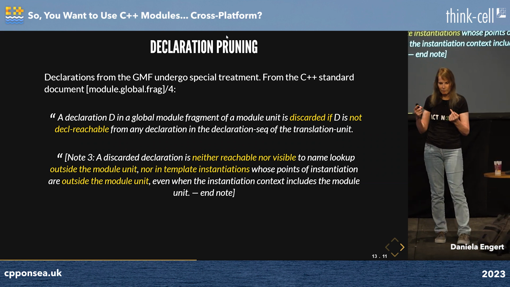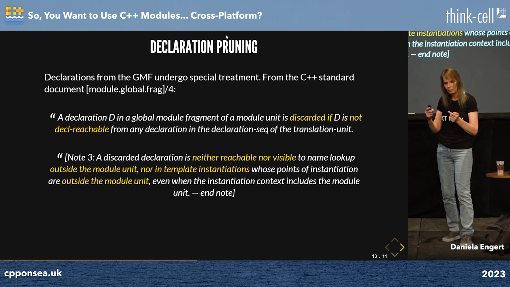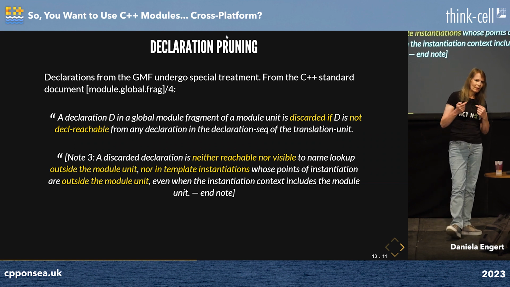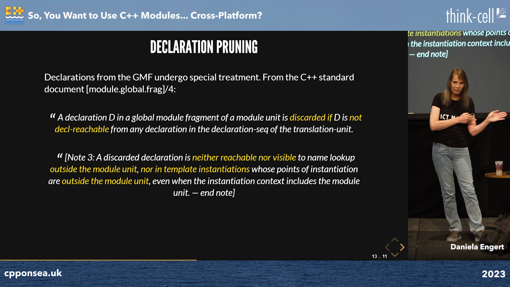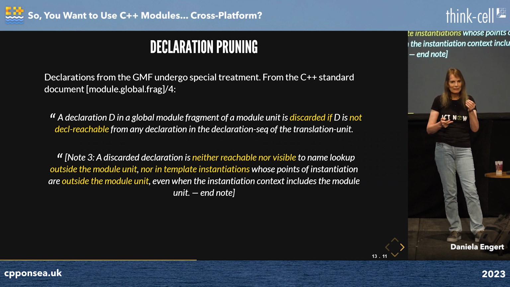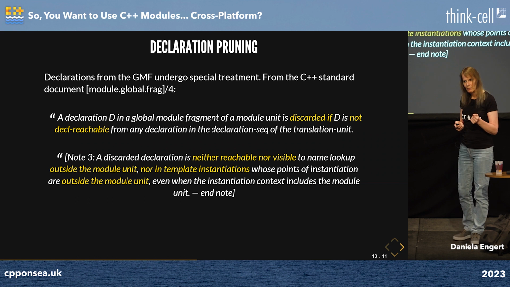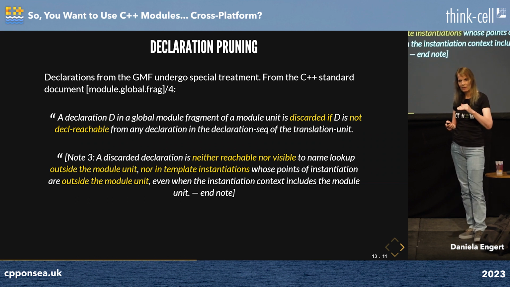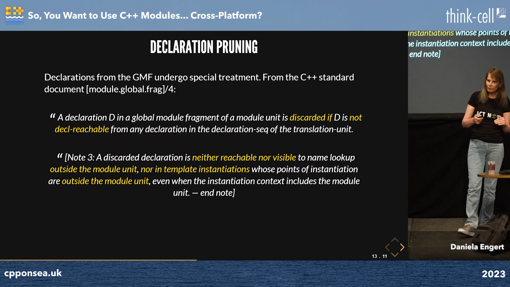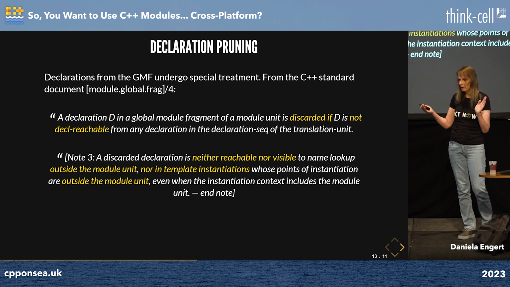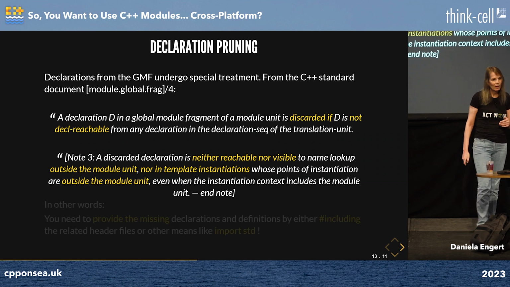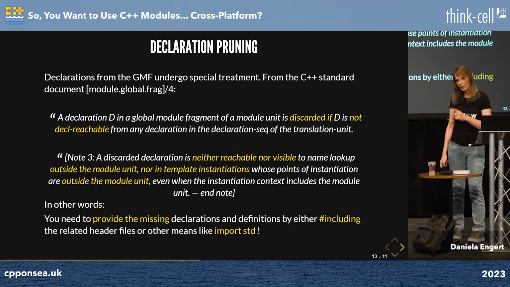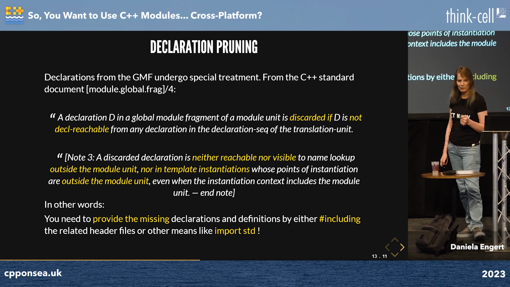To not blow up your BMIs and to not cause problems, the entities that are in the global module fragment and belong to the global module are only incorporated into the BMI to the extent that the compiler actually can prove that it is required there. And you know, with templates, you can do crazy kind of stuff, so the compiler can't prove what you actually need. And so, in other words, you, as the user of a module, need to provide the missing pieces.